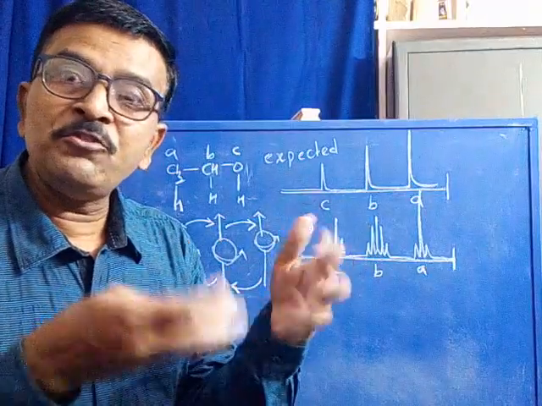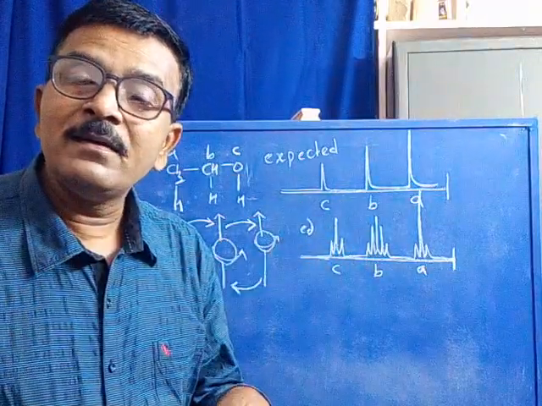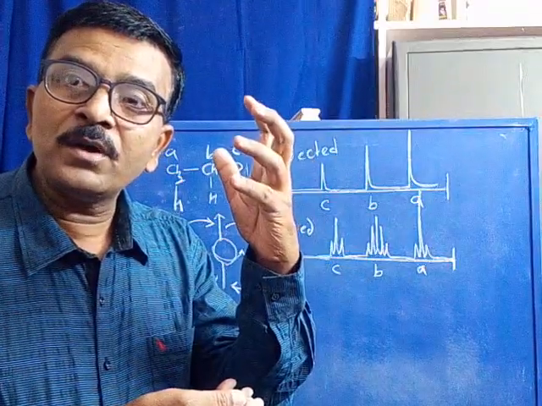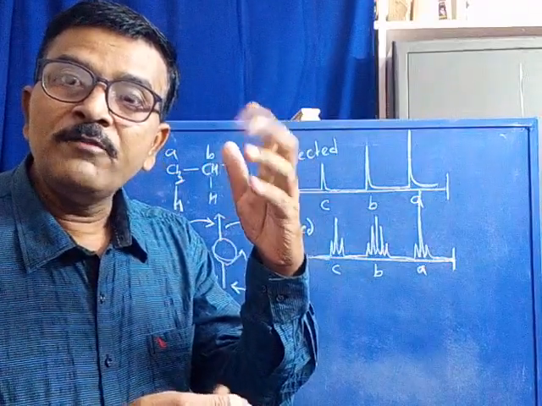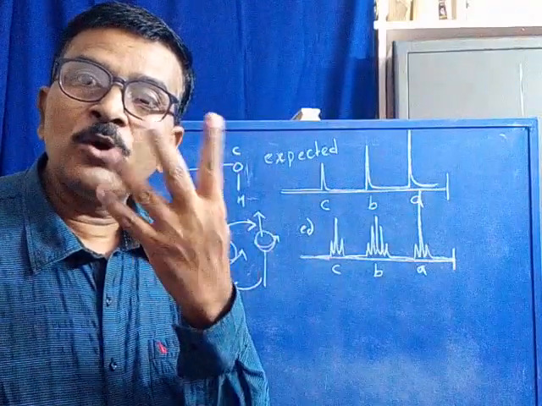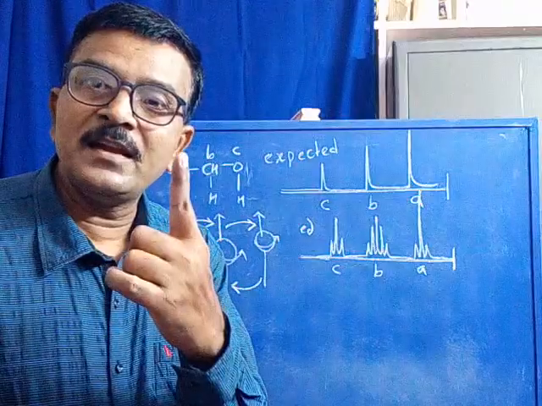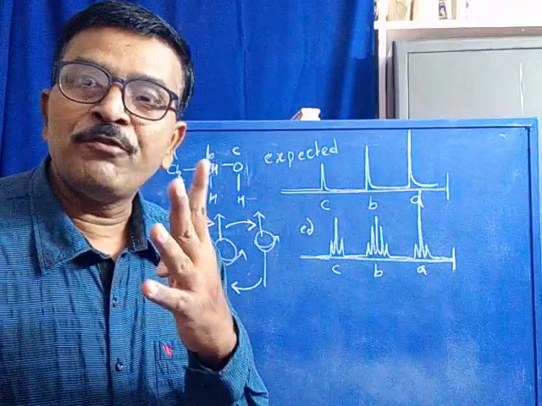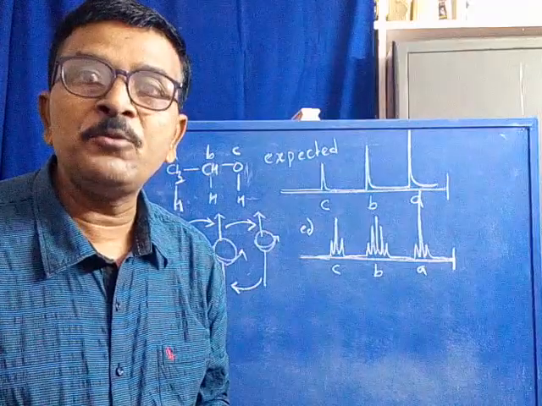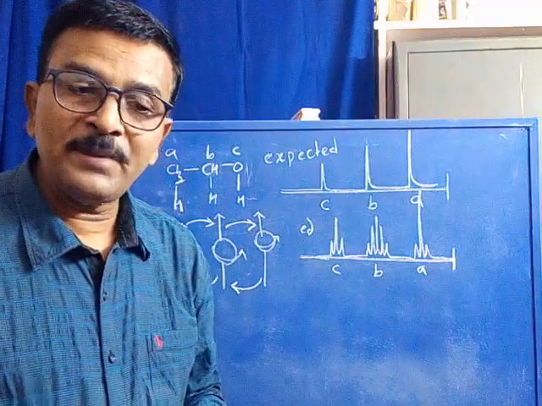Now, spin-spin coupling results in a single line signal for every set of protons; spin coupled protons will be split into more than one line. One line is split into more than one line for one signal. Is it clear? Therefore, it is also called spin-spin splitting. What is spin-spin coupling?